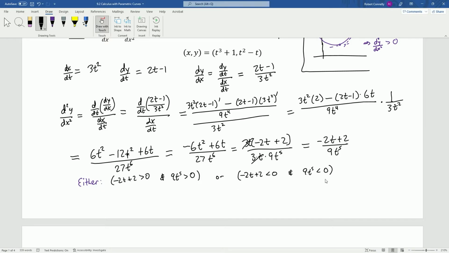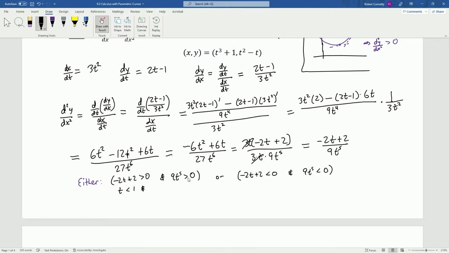If either of these two statements is true, then the whole thing is positive. But within each statement, you have two conditions that contribute to it. So here, we subtract 2 and then divide by negative 2. So that inequality is going to flip when we divide by the negative. So we should get t is less than 1. So yeah, negative 2 divided by negative 2 is 1. But the inequality flips. So t would be less than 1.